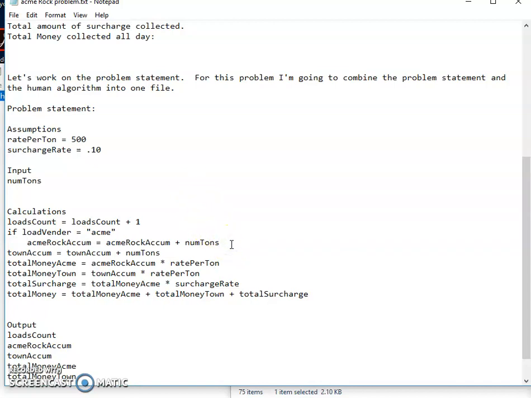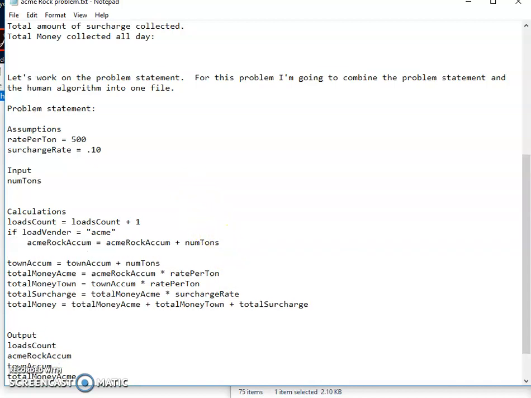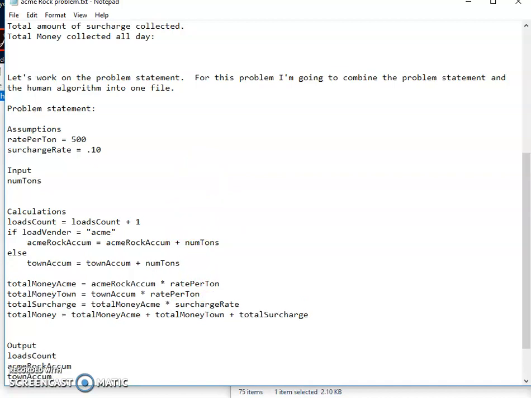If it's not acme, then we say else, and we do the town accumulator. The money all is done outside of that. So all we needed to have was this right here. And now the last thing we have to do is we can see that we have this load vendor. That has to be an input.